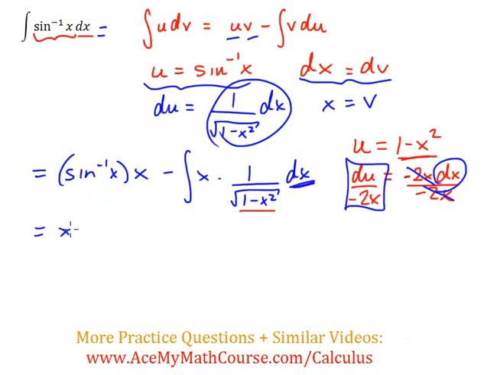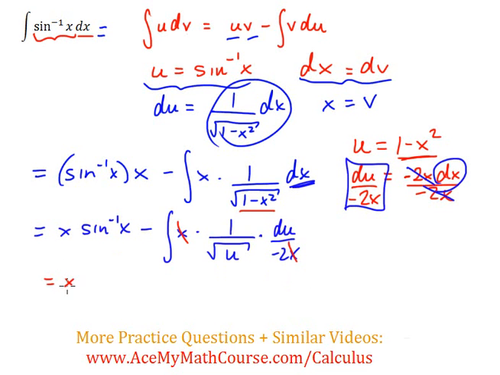So I get x times inverse sine, minus the integral of x times 1 over root u, times dx, which is du over negative 2x. Fantastic. Now the x's are going to cancel out.